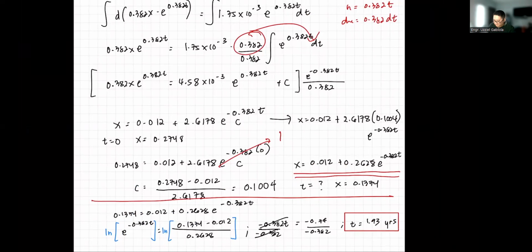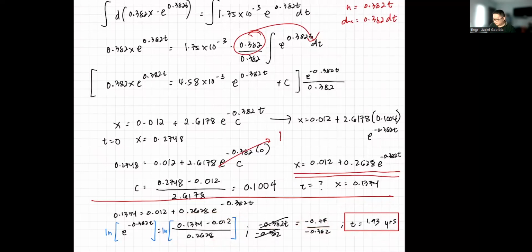Okay? So, ito, algebra na lang po. Kung anong ginawa dyan, tinranspose muna ito, kaya nagka-minus, tapos divide both side by 0.2628. And then, nag-ln tayo, na pag may ln-e, magka-cancel out yun, bababa ito. Okay, kaya nakababa yun. And then, ito yung equivalent nito, then divide both side, and then, makukuha mo yung time.